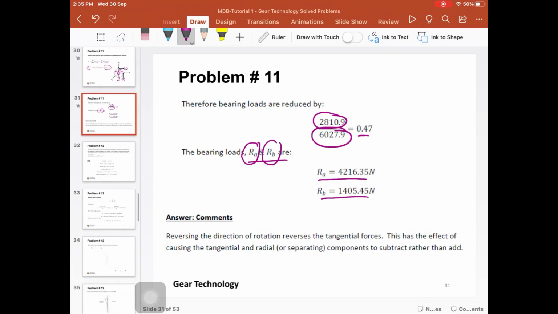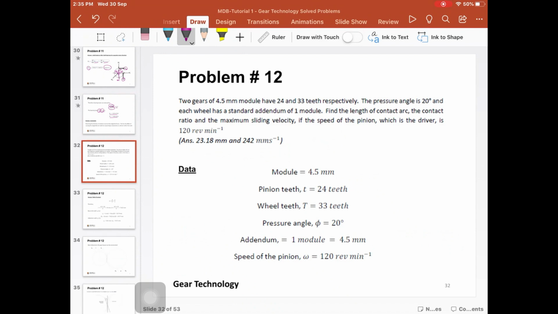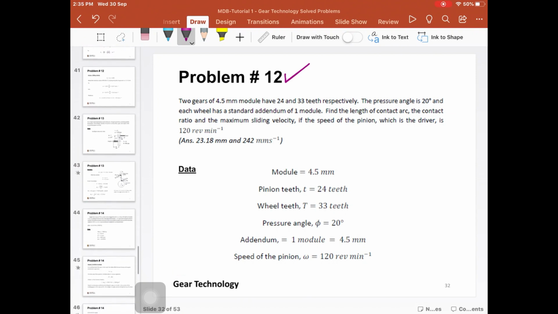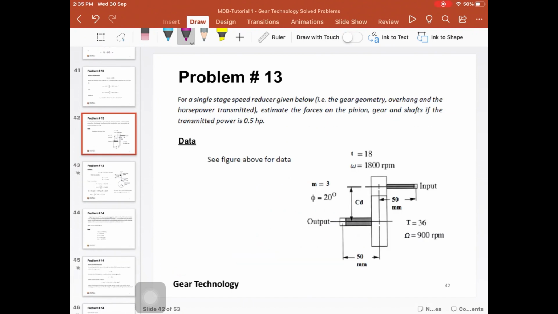Okay, so the next problem, problem number 12, we have already solved before in a previous video, so I'm not going to solve this again, to save you some time. So we're going to move to problem number 13.